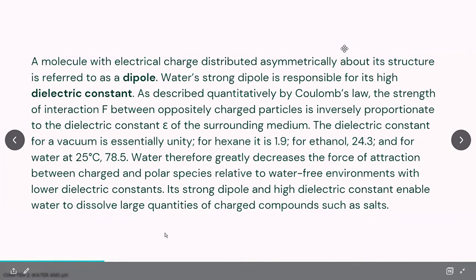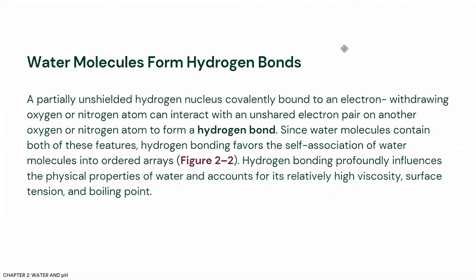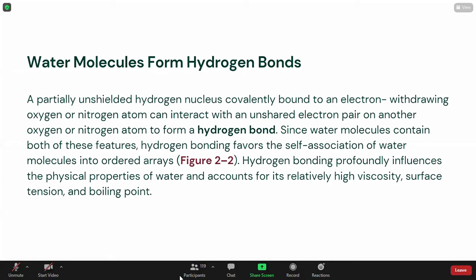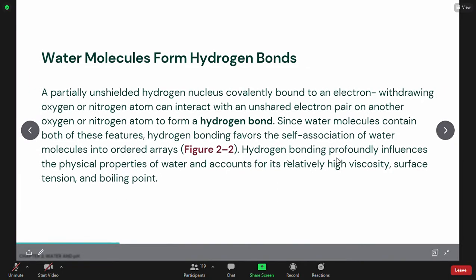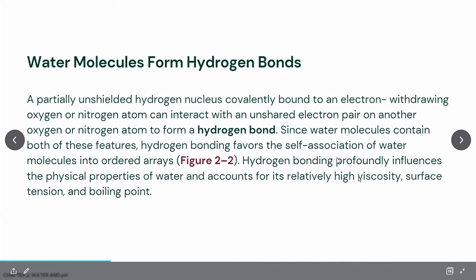Okay. The ability of your water to form hydrogen bonds is very, very important, because it influences the water to have a relatively high viscosity, a high surface tension, and a high boiling point.